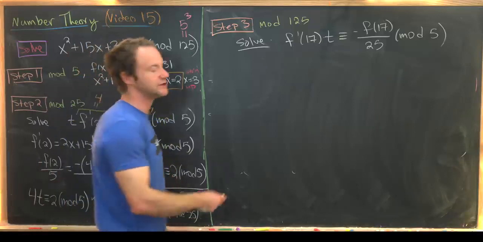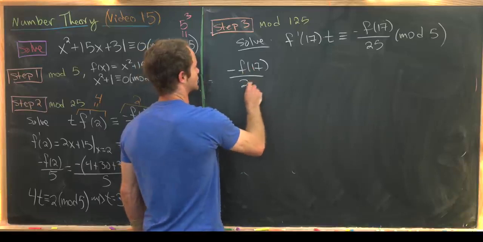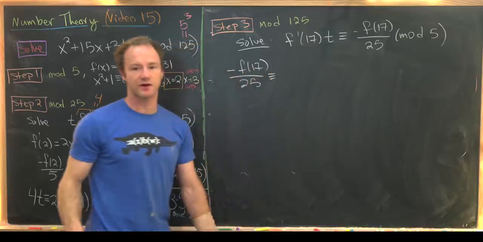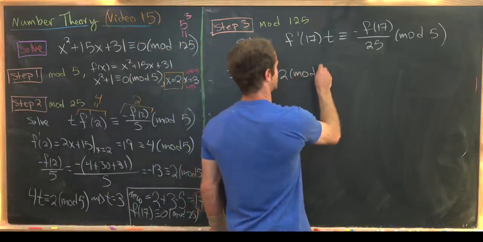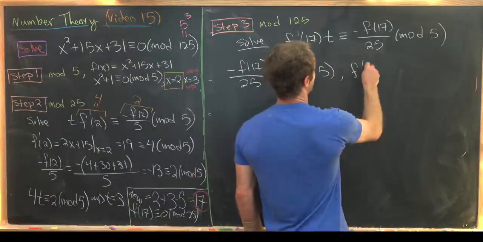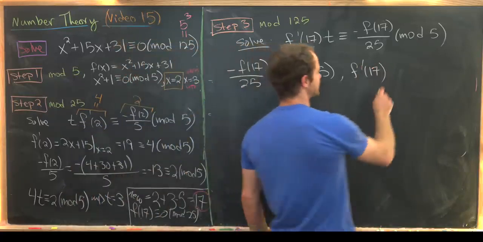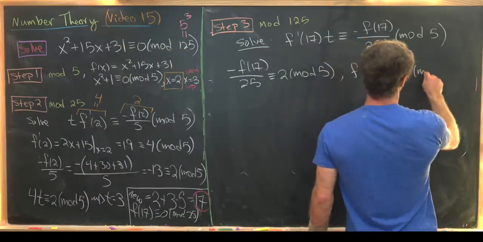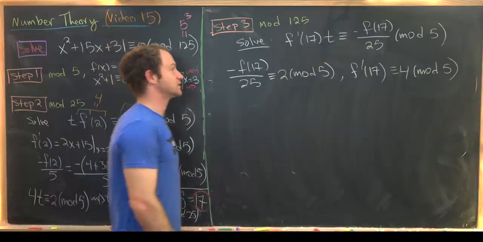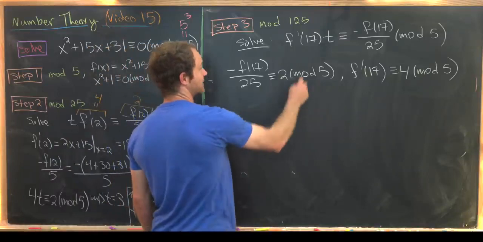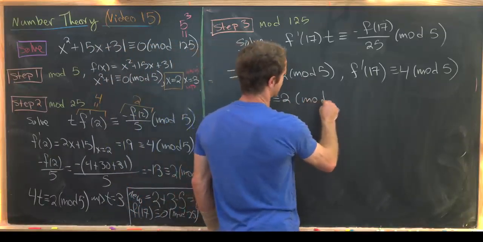It's not too hard to do, but what we get is negative f of 17 over 25 can easily be calculated to be congruent to 2 mod 5. And then f prime evaluated at 17 can easily be calculated to be 4 modulo 5. So that means we need to solve, plugging those things in, 4t congruent to 2 mod 5.